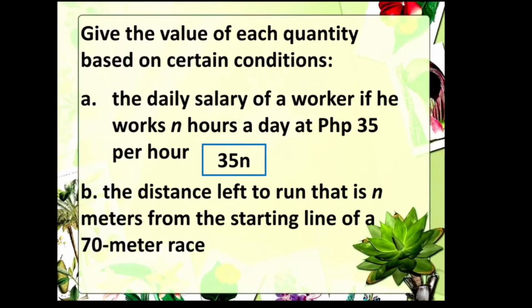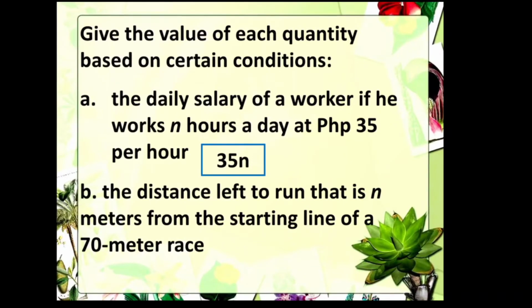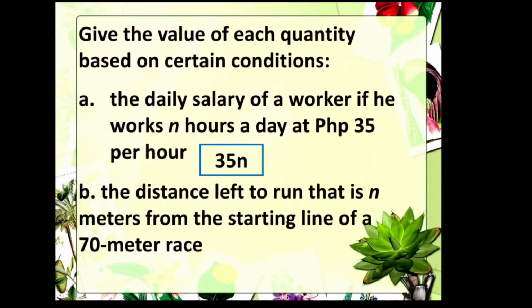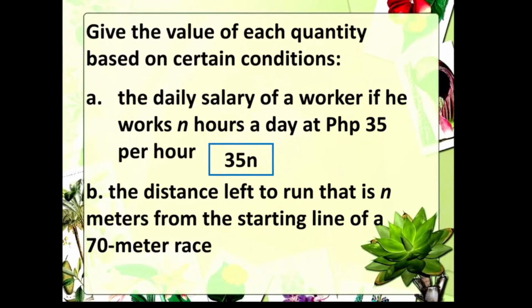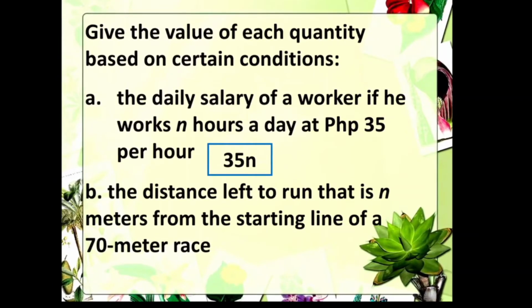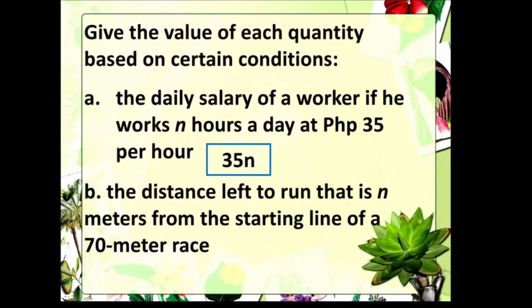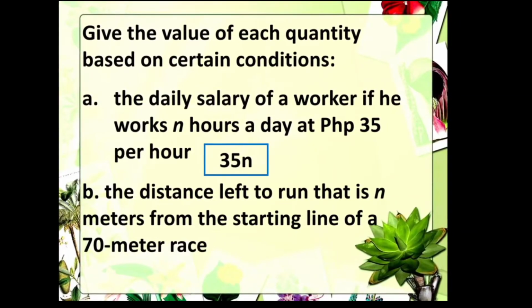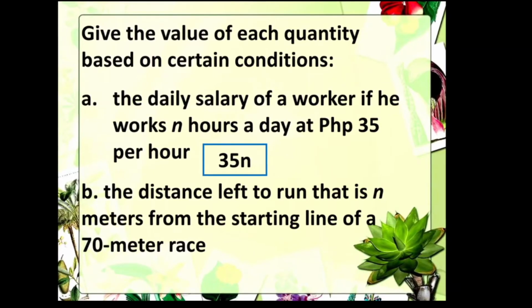So in this case, we are asked to find the distance left to run, wherein the number of meters we run from the starting line is given, which is n meters.